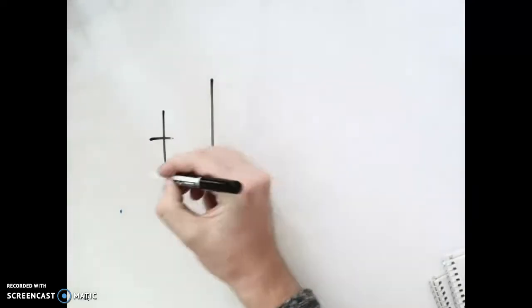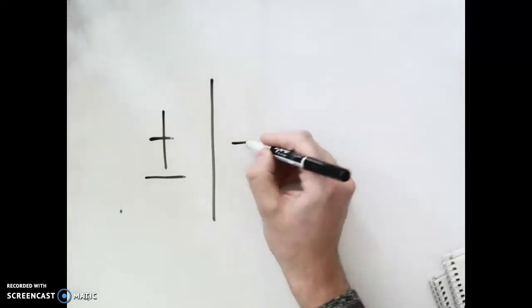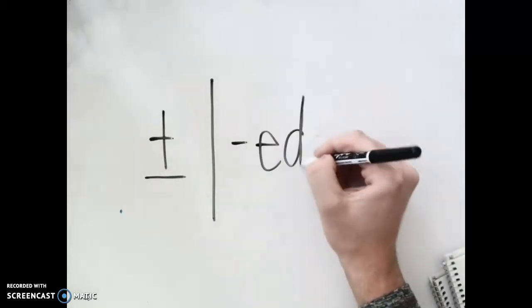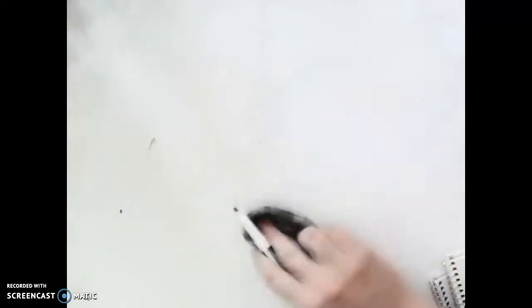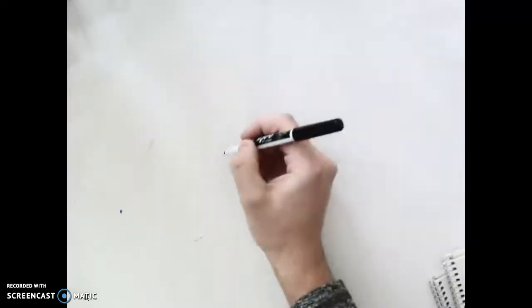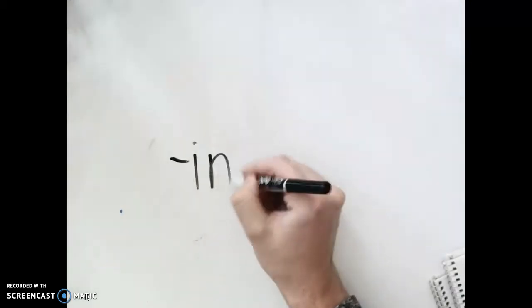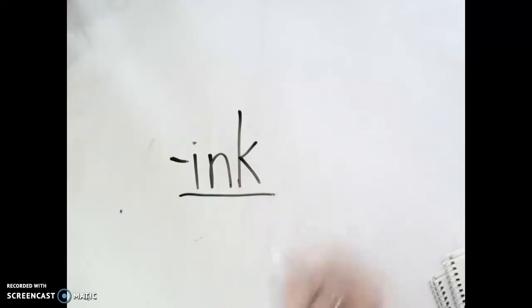We know T says T. We also know the suffix ED can make the T sound, like in the word mist. Show me ink. I-N-K says ink, like in think.